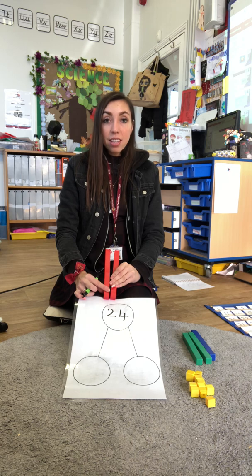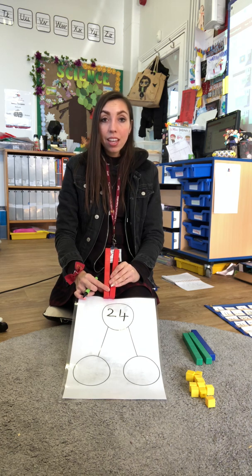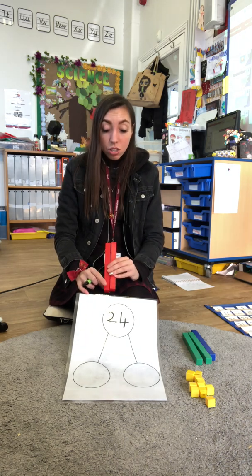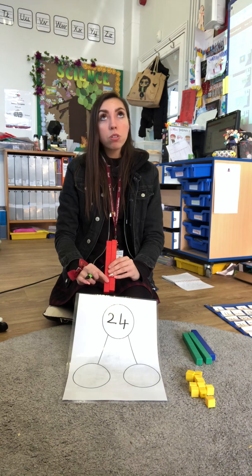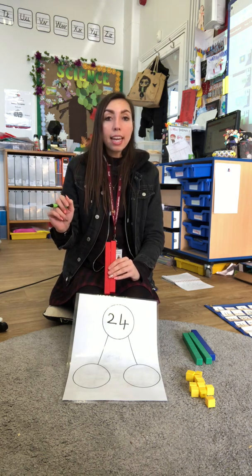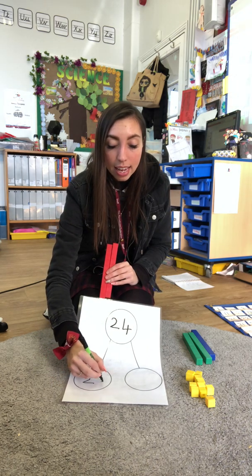So that first number, that is your tens column. So 2 lots of 10. I know this is hard. Now we need to count what's 2 lots of 10. 10, 20. So 20. So this 2 here is actually a 20.